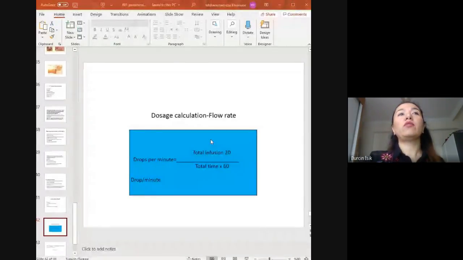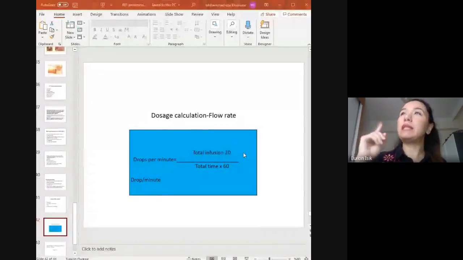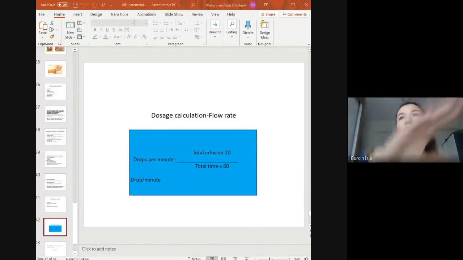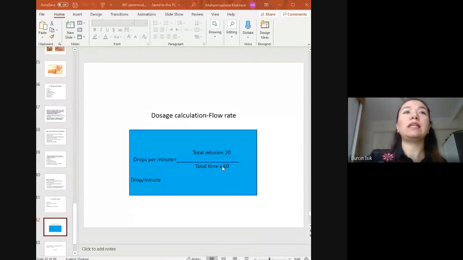So, for example, if it's 500, multiply by 20. Why 20? Because in 1 milliliter there are 20 GTT, 20 drops. So all the time it's the same. It's not changing. And total rate, divide by 60, because in 1 hour there are 60 minutes. So you will find the drops per minute.